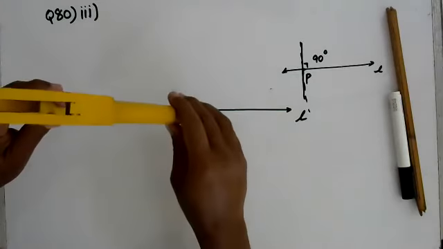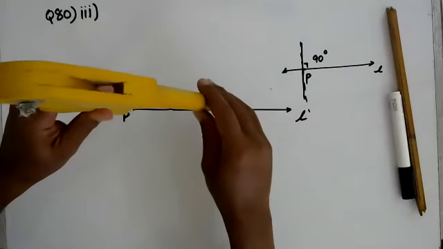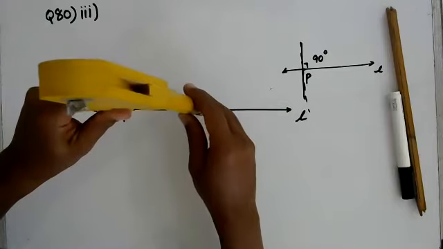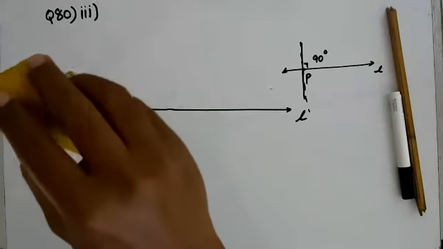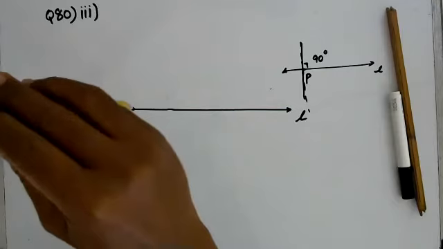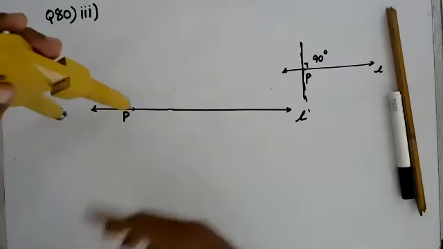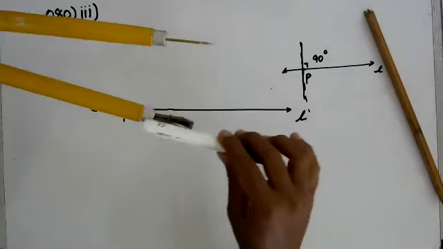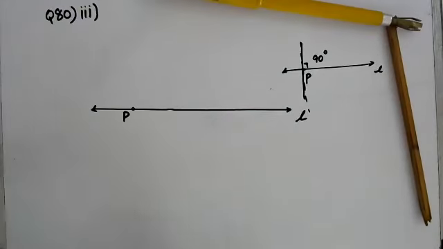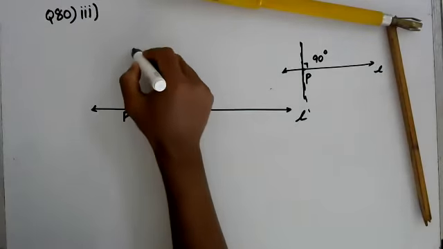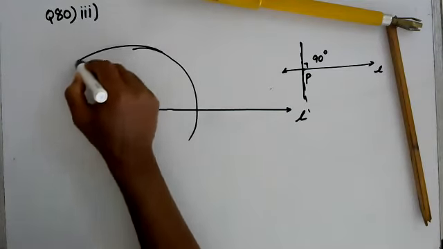So the first thing that I want to do is draw a circle around this point P, like that. I hope you are able to see how you can do that. I of course will not draw it because I can't fit my marker into the compass, but I'll sketch it. So I'll have a circle, something like this.